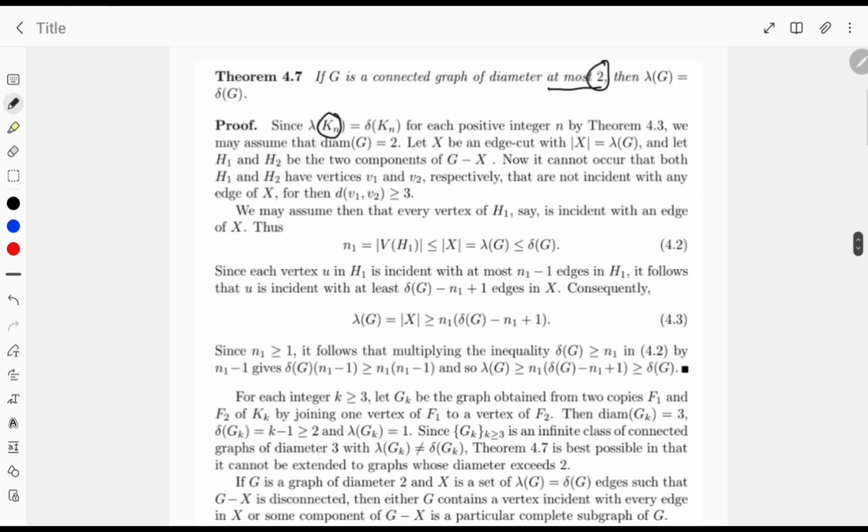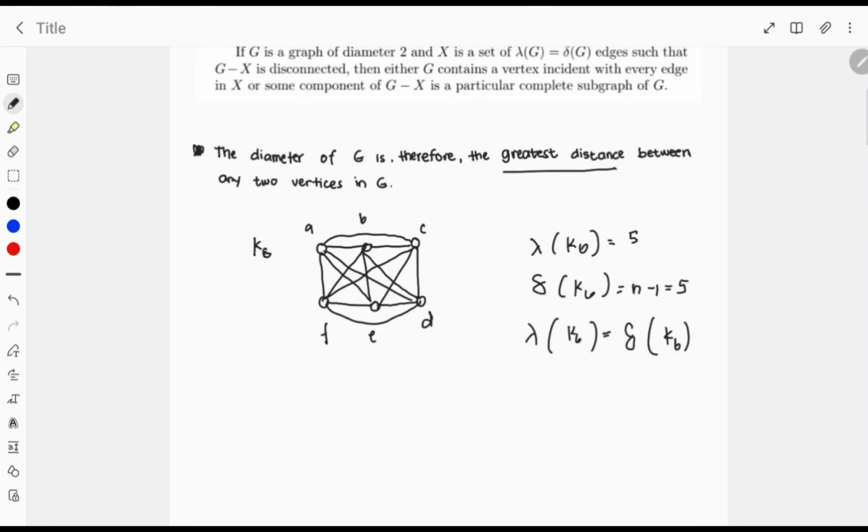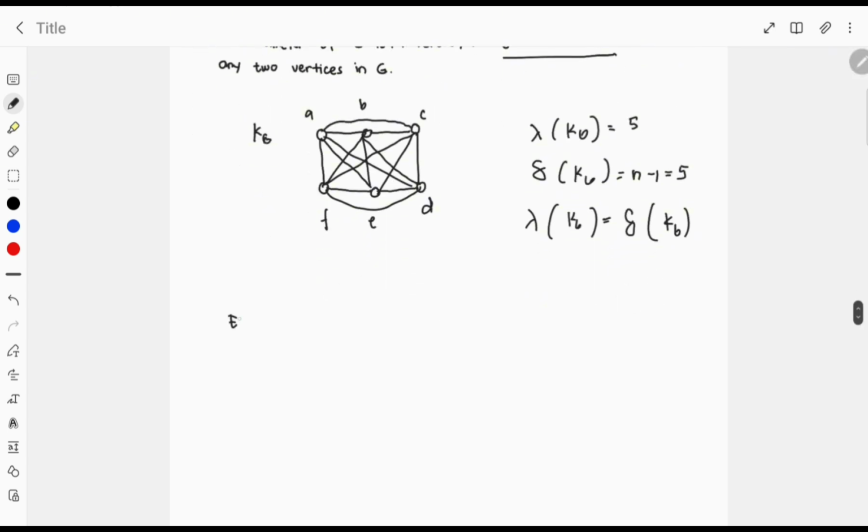Okay, so now here we may assume that the diameter of G is equal to 2. So let X be an edge cut where the cardinality of X is equal to lambda of G, and let H1 and H2 be the two components of G minus X. Okay, let's have a graph example.